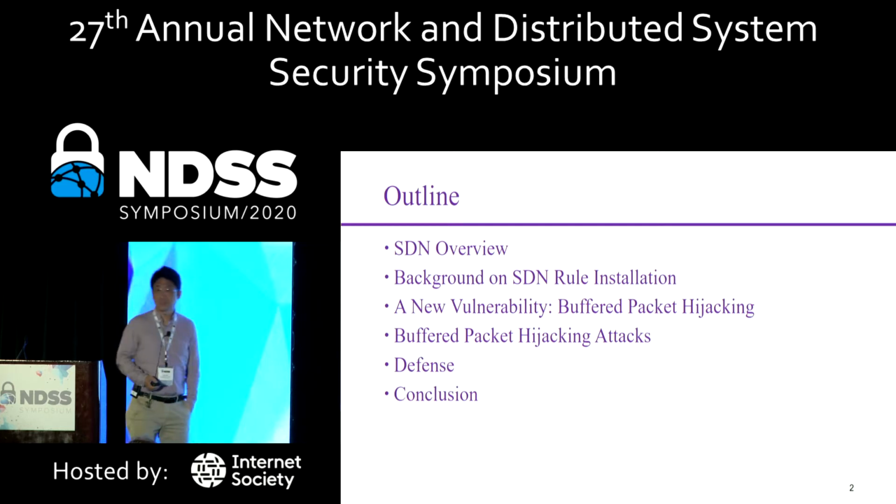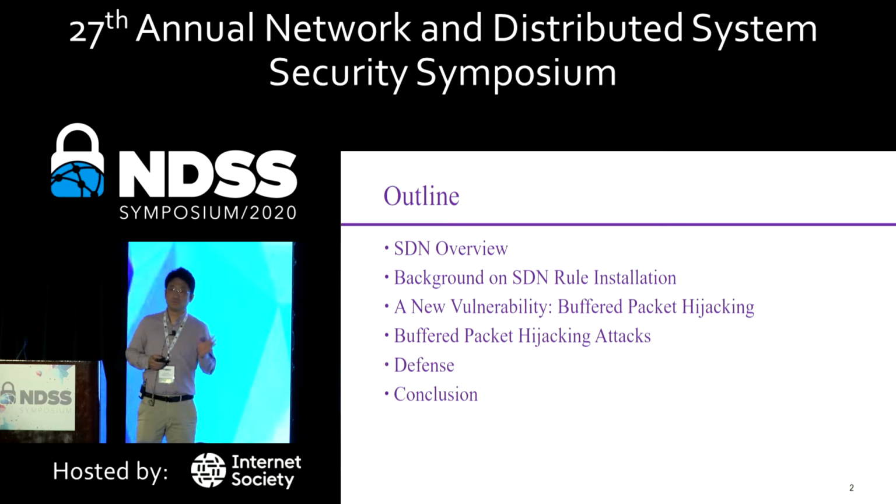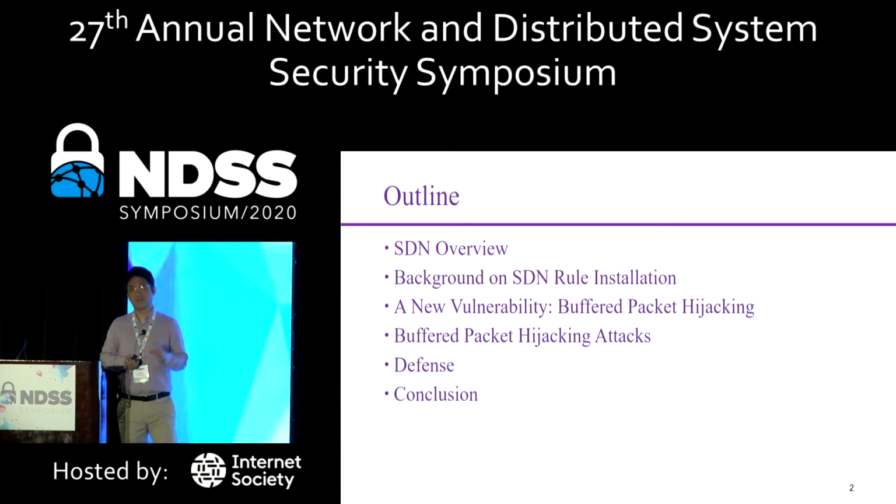So this paper is about SDN, software-defined network security, and particularly on this SDN rule installation process. We identify one new vulnerability. We call it buffered packet hijacking. The main idea is that for this buffered packet, there's an incomplete checking of the buffer ID and the match field.